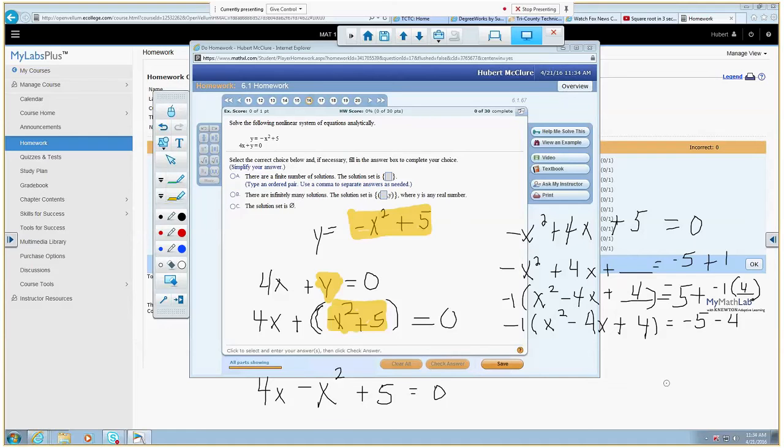Is that a negative 5? That is a negative 5, isn't it? Yeah. Making sure. All right, negative 1 times x minus 2, and the reason I'm writing with the mouse is so I don't go fast, quantity squared, is equal to negative 9.